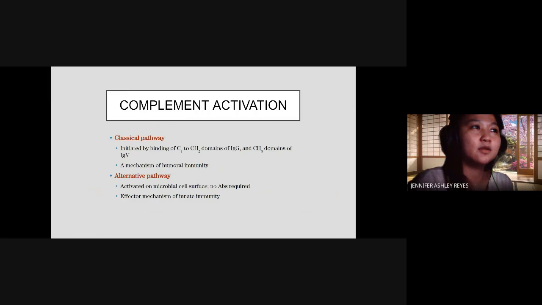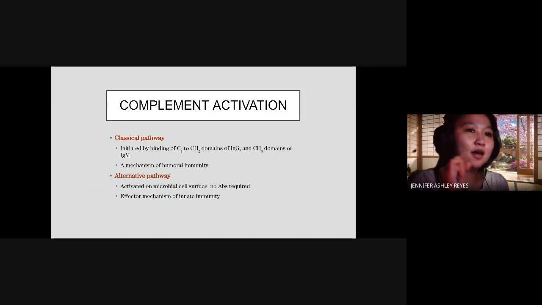Okay? So, ano yun? Pwede silang maging lysis ng cell, opsonization, pwedeng activation of the immune response like diapedesis or degranulation, and they can aid in the clearance of immune complexes. Okay? Sige.